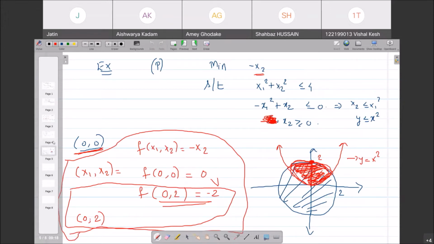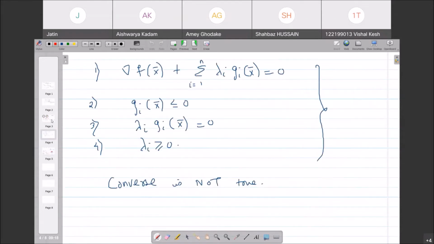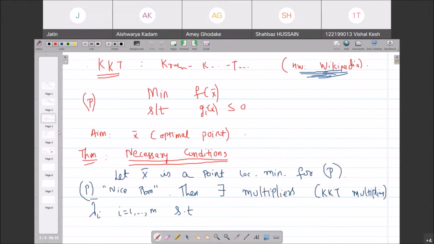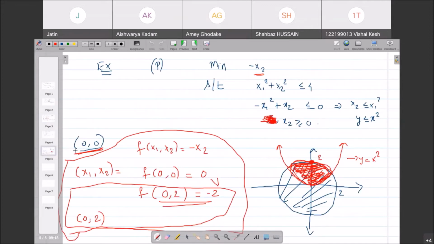But what was the main aim for this example? The main aim was to show that the converse is not true. That means if you have a point that satisfies these four conditions, then that point need not be a point of minima. Here we are going to show that (0, 0) satisfies the conditions, but (0, 0) is not the point of minima. (0, 2) is the optimal point, and (0, 0) is not.